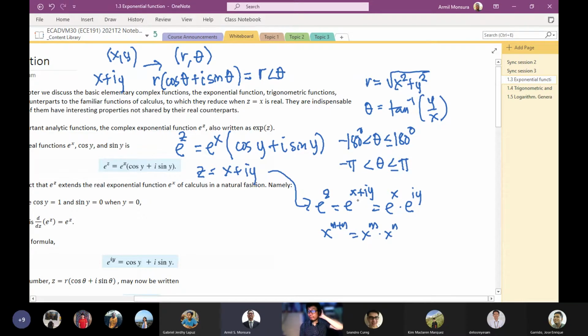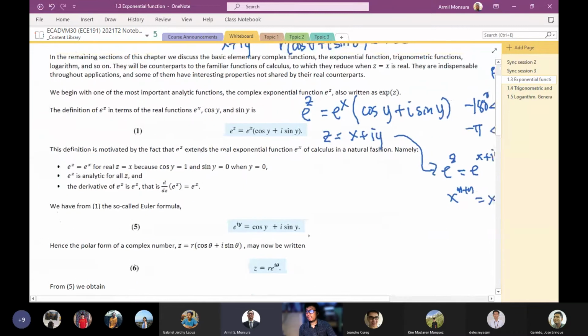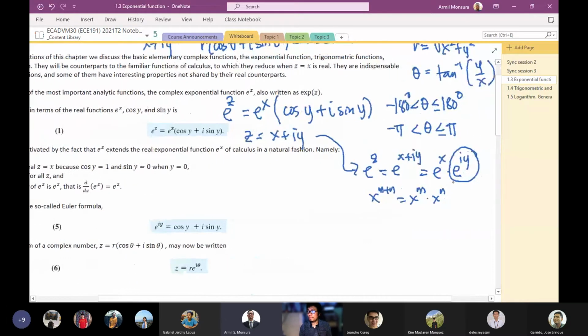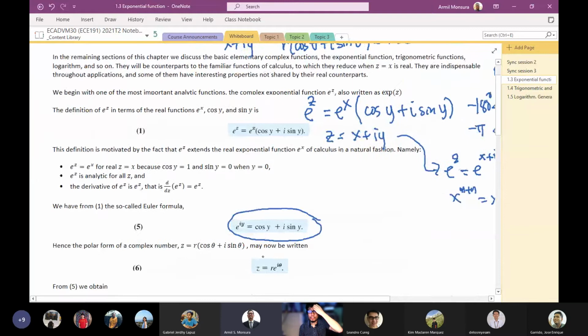Now from here, we can see what the value of this one would be, which should give us that definition.